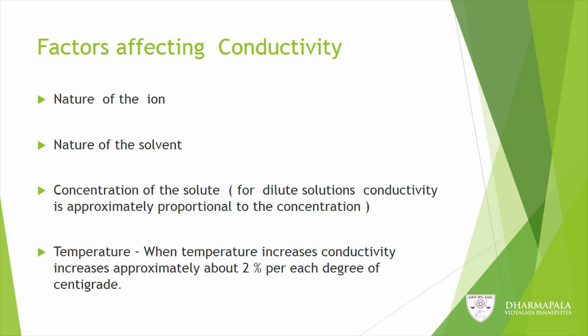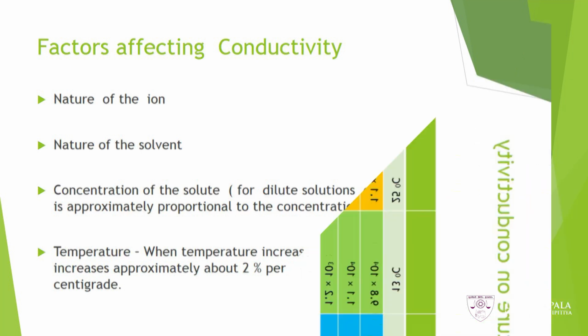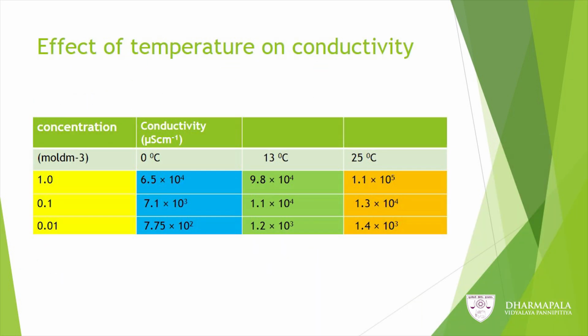When we consider the temperature, when temperature increases, conductivity increases approximately 2% for each degree centigrade. Effect of temperature on conductivity. So here you can see, here the concentration is constant, say 1 mole per cubic decimeter KCl solution. So with increasing temperature, you can see conductivity increases.